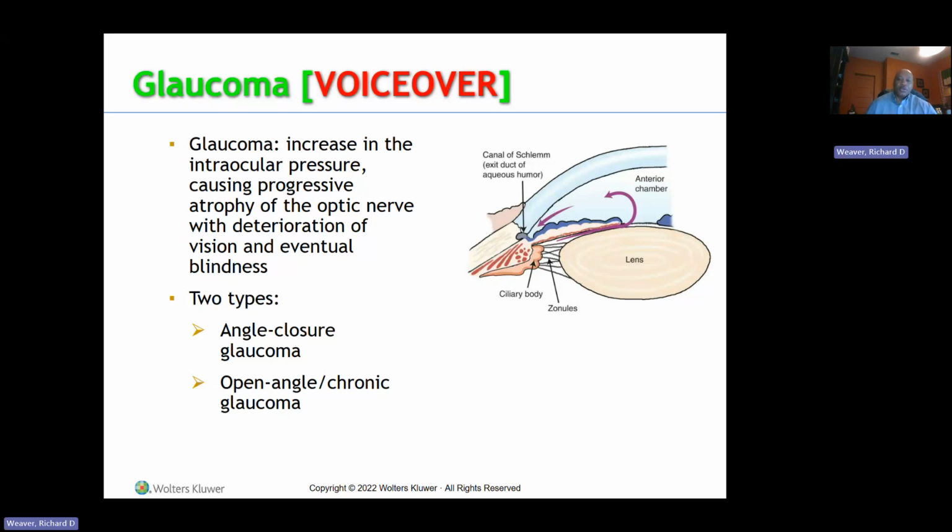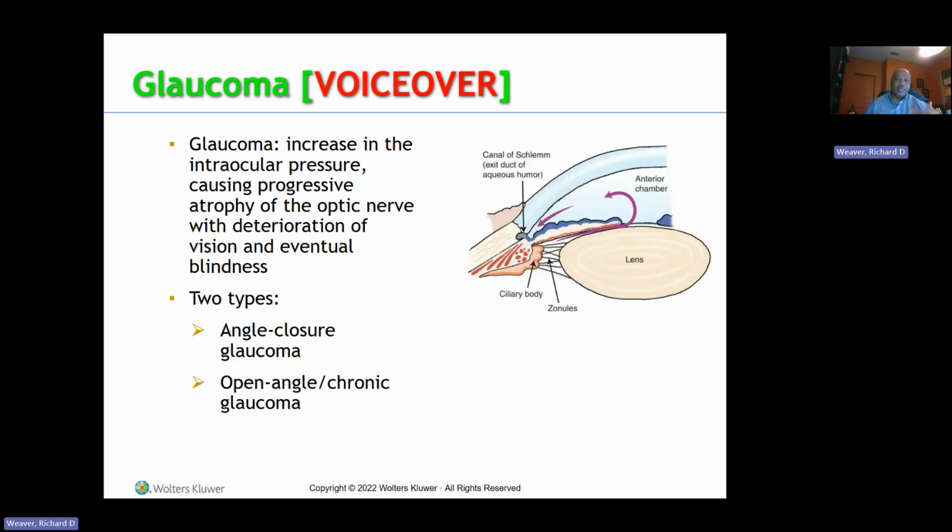So the aqueous humor is produced and secreted, and the excess amount of fluid normally flows through. Well, let me back up. There has to be a certain amount that is produced, and there has to be a certain amount that is drained. When there's an imbalance and you have more produced than what is drained, that's when you get the increase in intraocular pressure.